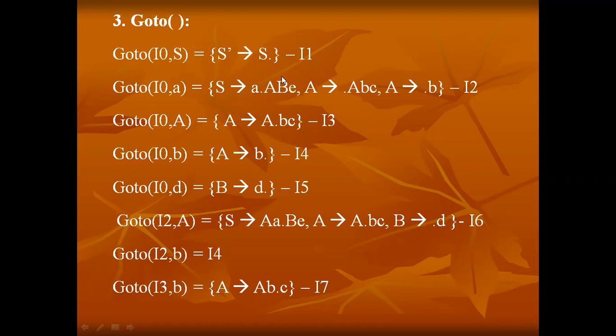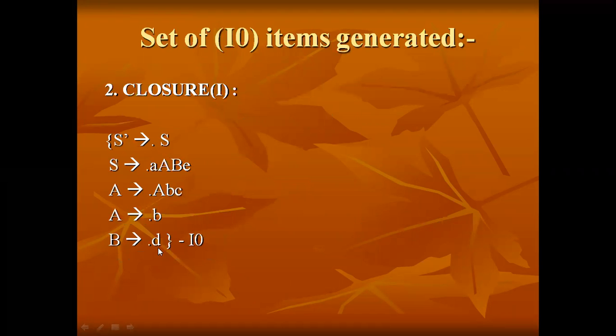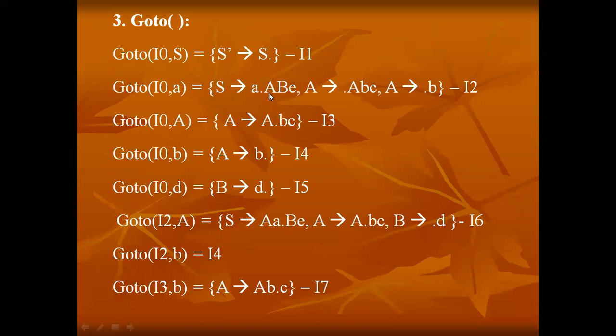In such conditions, for whatever variable we have, we need to write the production rules for that variable from the closure of I, that is from the I naught. A has two rules, so I am writing the two rules: A tends to dot abc, A tends to dot b. I need not move the dot forward, I am just taking the rules as they are from the I naught. These three are the new production rules after processing the goto function with a. So make it a new item I2.